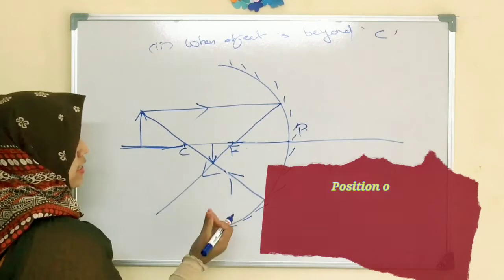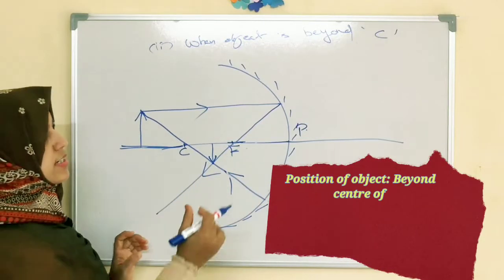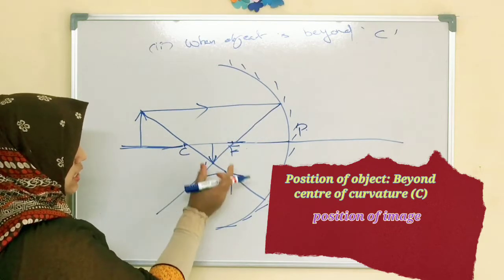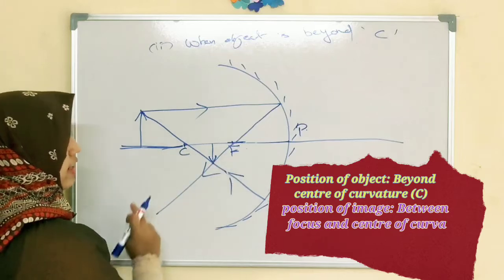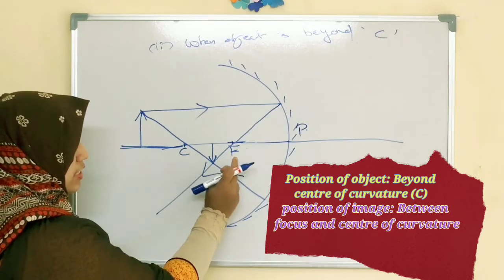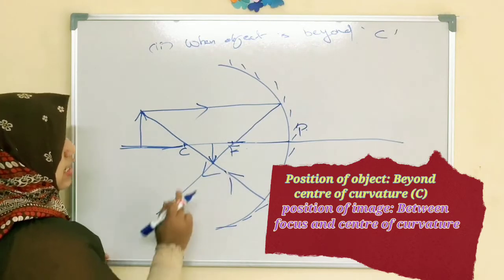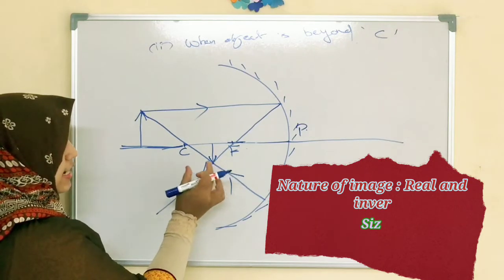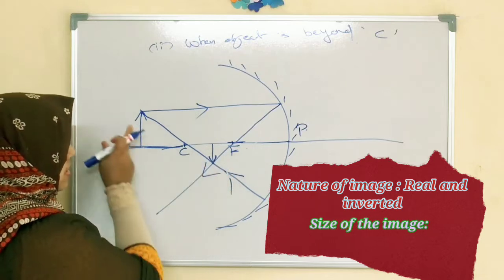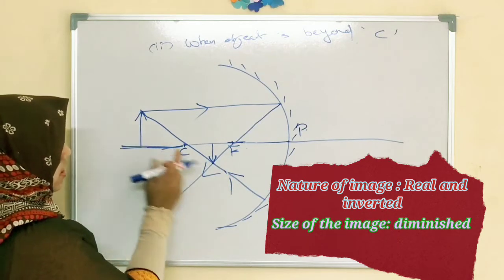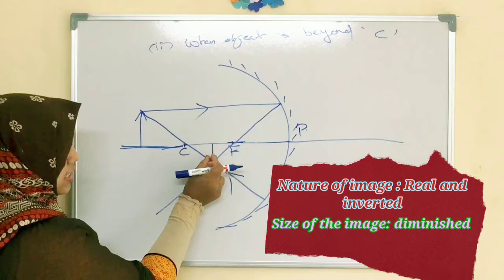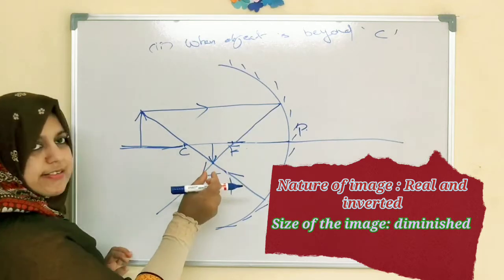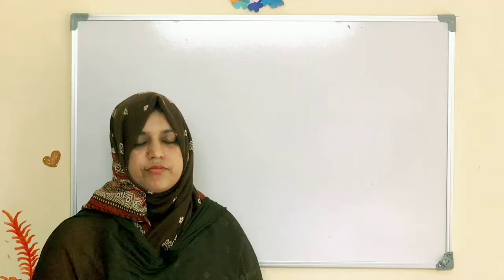So we can write: position of the object is beyond C, position of the image is between C and F, that means center of curvature and principal focus. The nature of the image is real and inverted, and the size of the image is diminished. See, the object is this much and the length of the image is very small. So here the image is diminished.